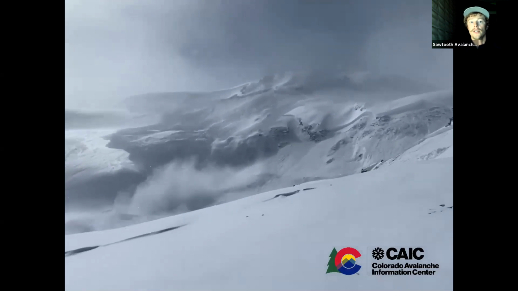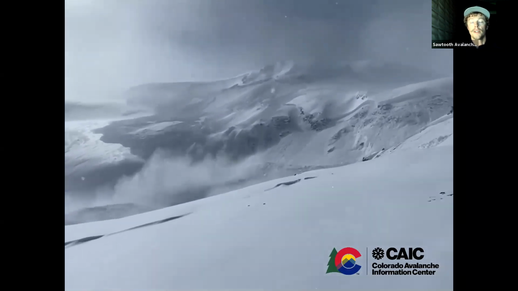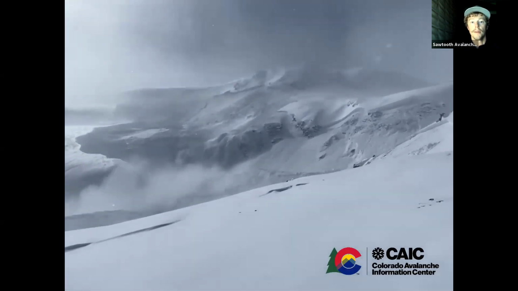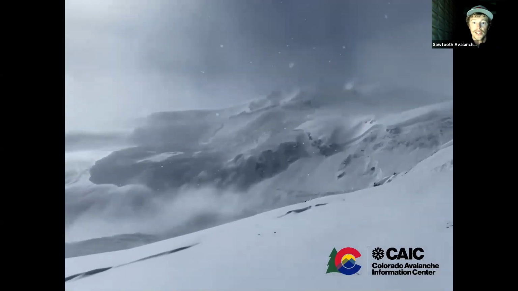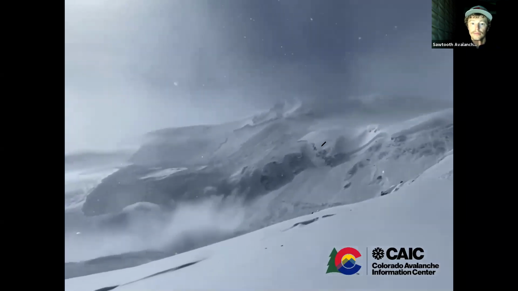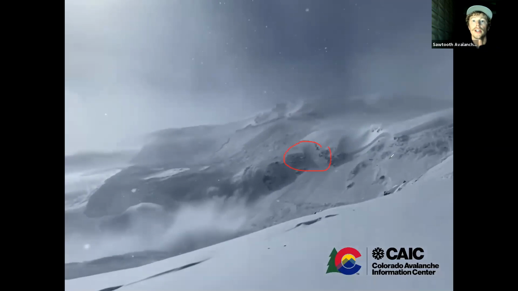How widely avalanches can propagate with very persistent weak layers is pretty phenomenal. The type of terrain that it can cross, like jumping over areas like this, for instance, is also really remarkable. Let me start that video again here.